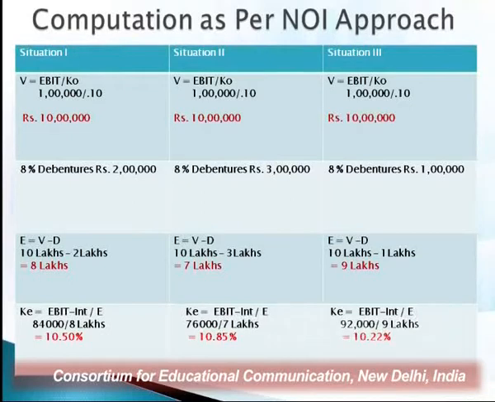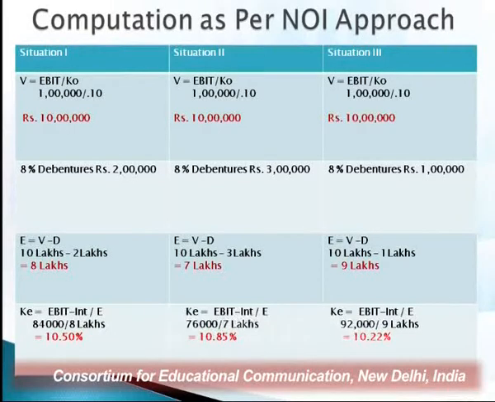If you look at situation number 1, your cost of equity was 10.50%, and the moment you increase the quantum of debt from 2 lakh rupees to 3 lakh rupees, these equity shareholders, as per the assumption of this approach, might have increased their expectation from the company and their expected dividend, as a result of which their cost became 10.85% as compared to the erstwhile 10.50%, which is an increase here.